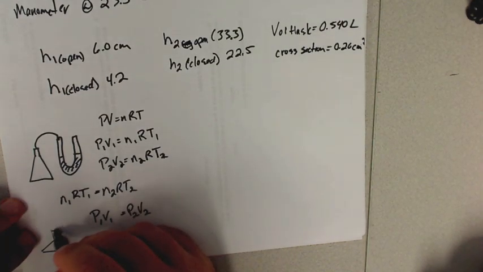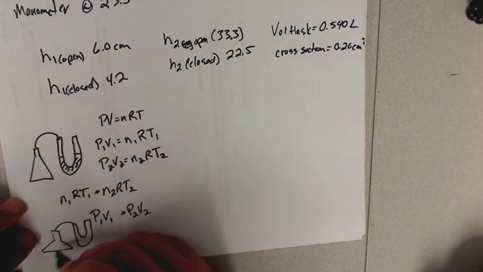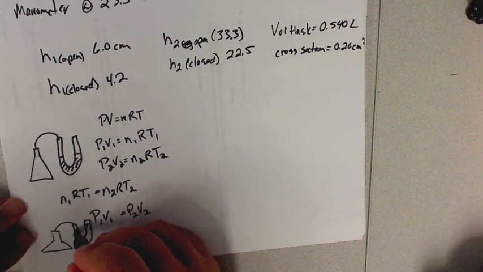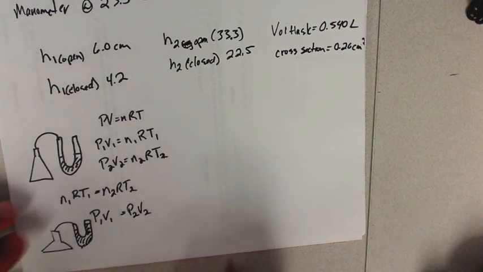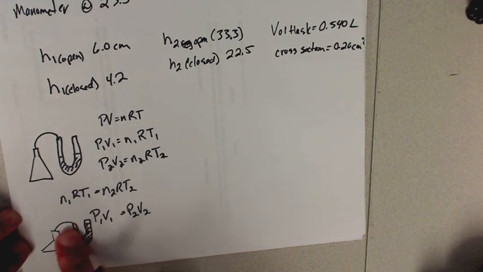Now V2 is going to look a little different, because if you remember, we've dumped a lot of water on this side, and so this side is going to rise up, but not all the way. As long as we had a good seal, it's not going to rise all the way to being even, but there will be a difference.